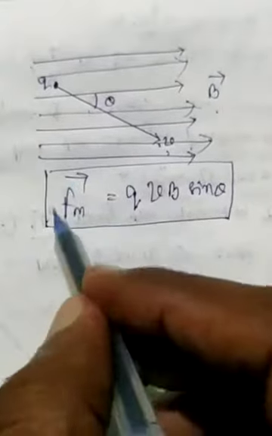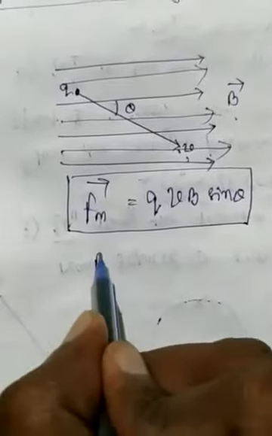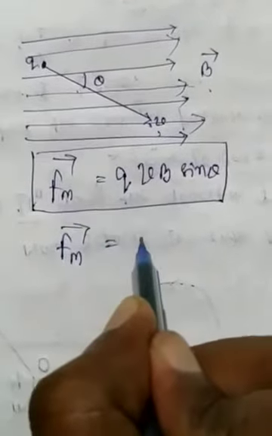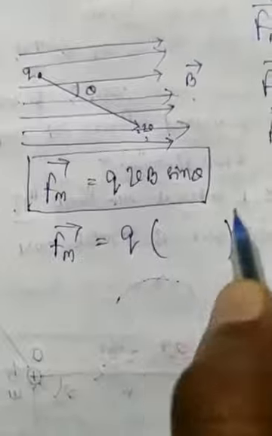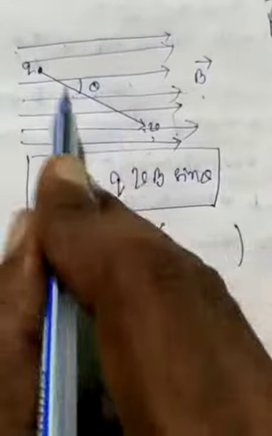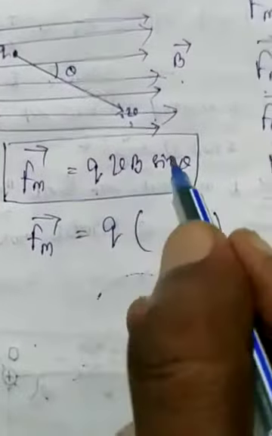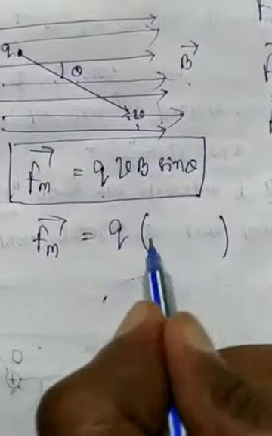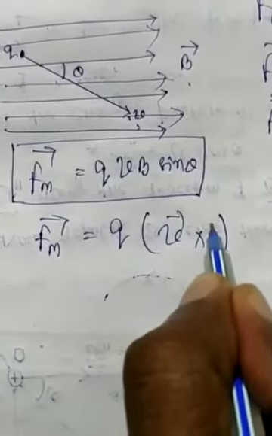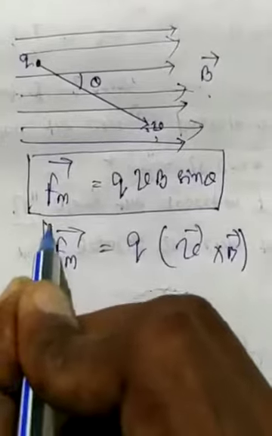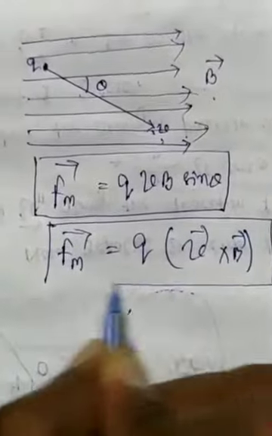In vector form, this may be written as magnetic force Fm is equal to Q into, where theta is the angle between B and V. If we remove sin theta, we can write V cross B. This is the vector form of magnetic force.